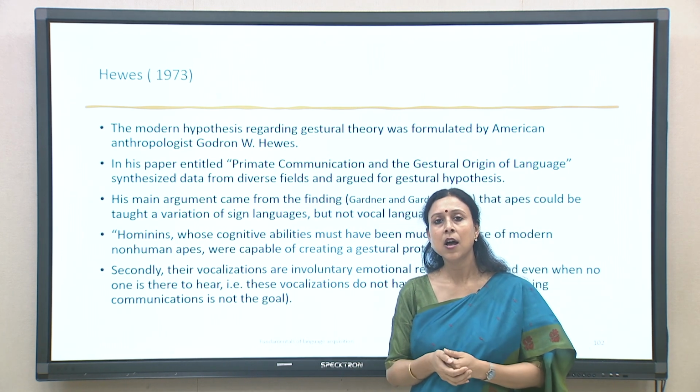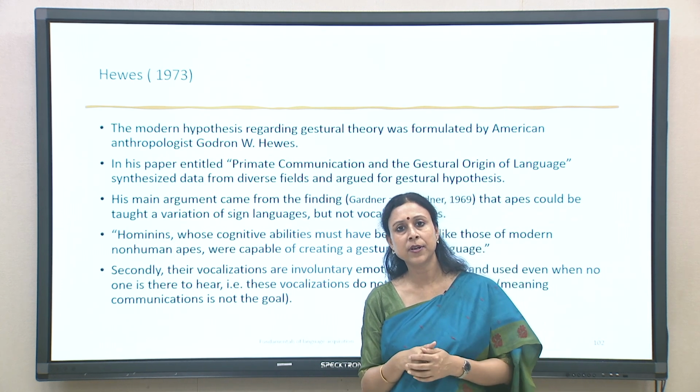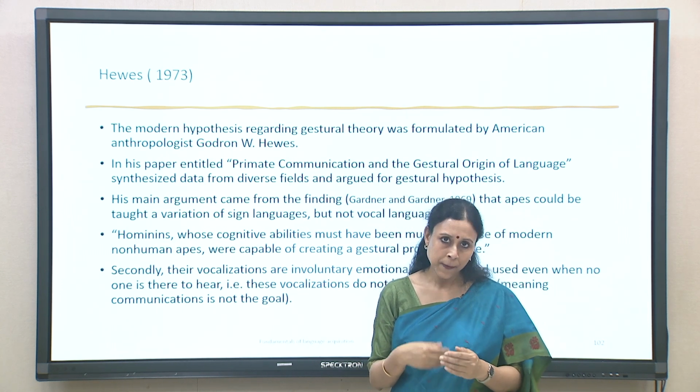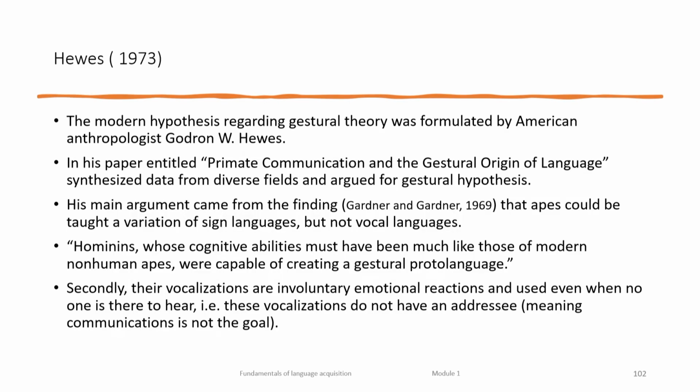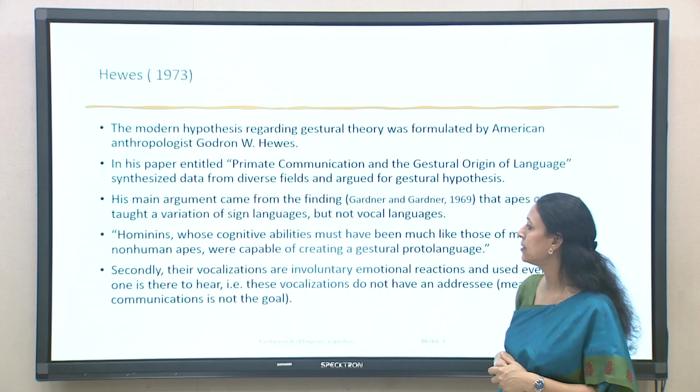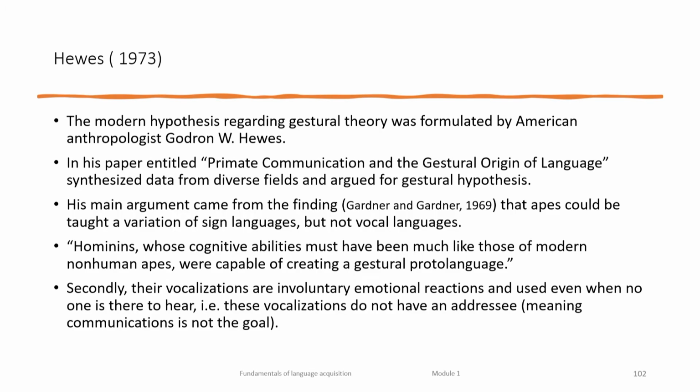So, he collected all the data and put them together, synthesized them, and on the basis of which he came out with this theory. His main argument came from the finding that apes could be taught a variation of sign language, but they could not be taught human vocal language. That was one of the primary bases for his theory. Hominins, whose cognitive abilities must have been much like those of modern non-human apes, were capable of creating a gestural proto-language.